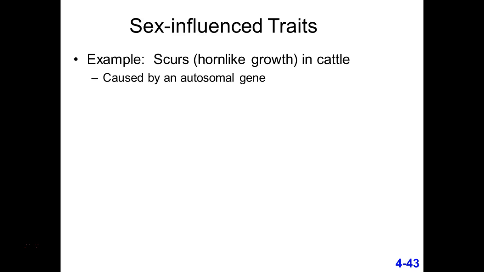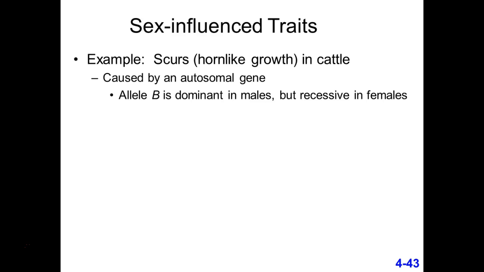So the inheritance of this trait is on other chromosomes, but again, it's influenced by what sex the animal is. Scurs are a horn-like growth that some cattle get that aren't ones that have horns. Normally, it's dominant in males but recessive in females. Okay?